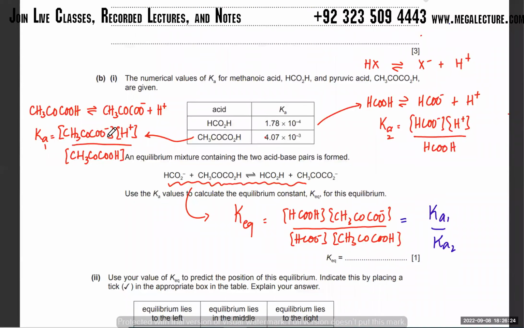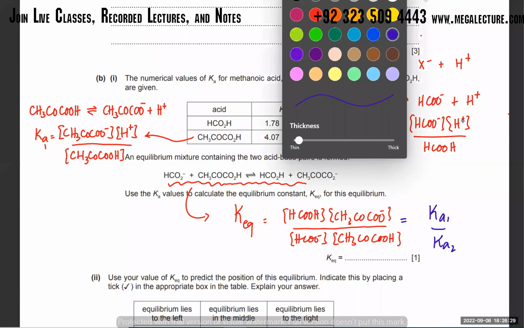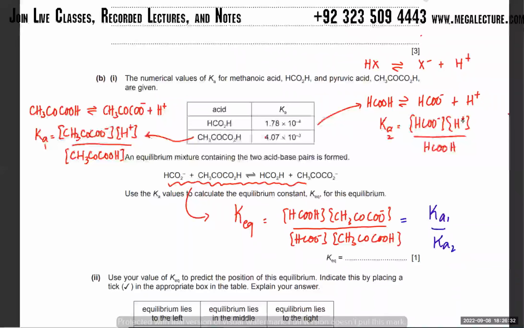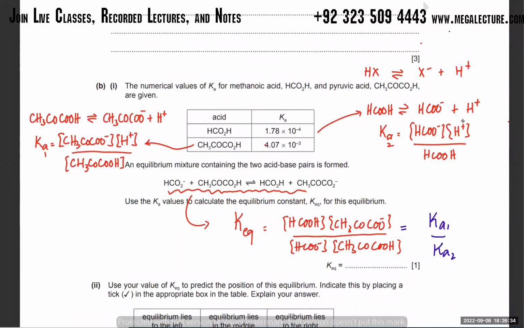So if I take K1 and divide it by K2, let me do that down here, K1 divided by K2. So this is HCOO minus 1 concentration into H plus 1 concentration, and the whole thing gets divided by HCOOH concentration. So if I divide the two expressions, the H plus 1 will get cancelled out, right?